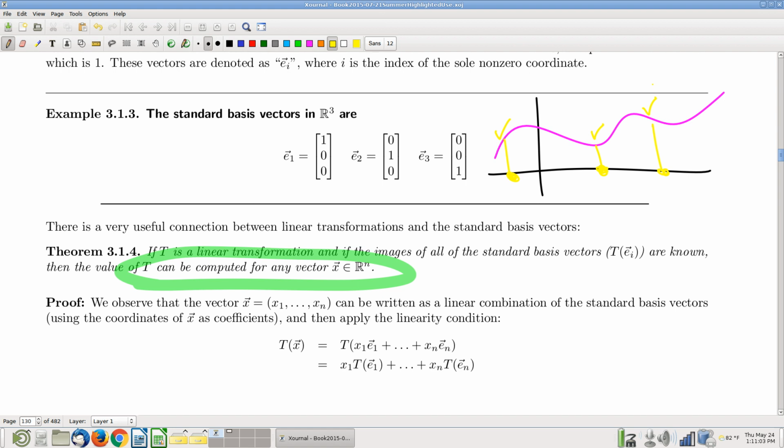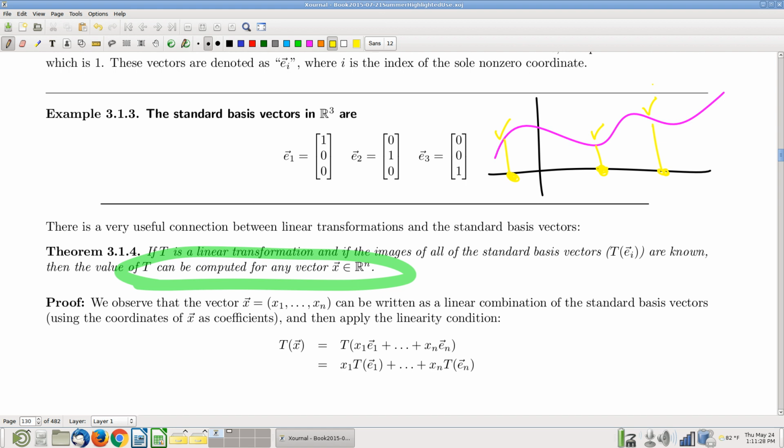No, of course not. The function could be all kinds of wiggly in between. There's no clear suggestion of how that could possibly work. That's morally kind of what we're saying here. If you know just the values at the standard basis vectors, I'm asserting you know everything about the linear transformation.